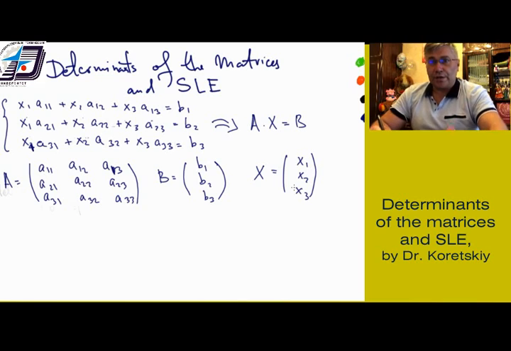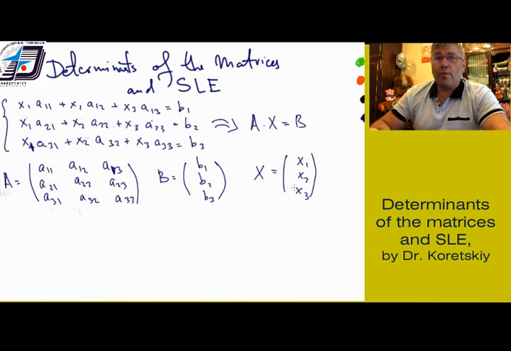And the question is, can we use the same formula as for the system of linear equations when we had two equations and two variables? Yes, we can.